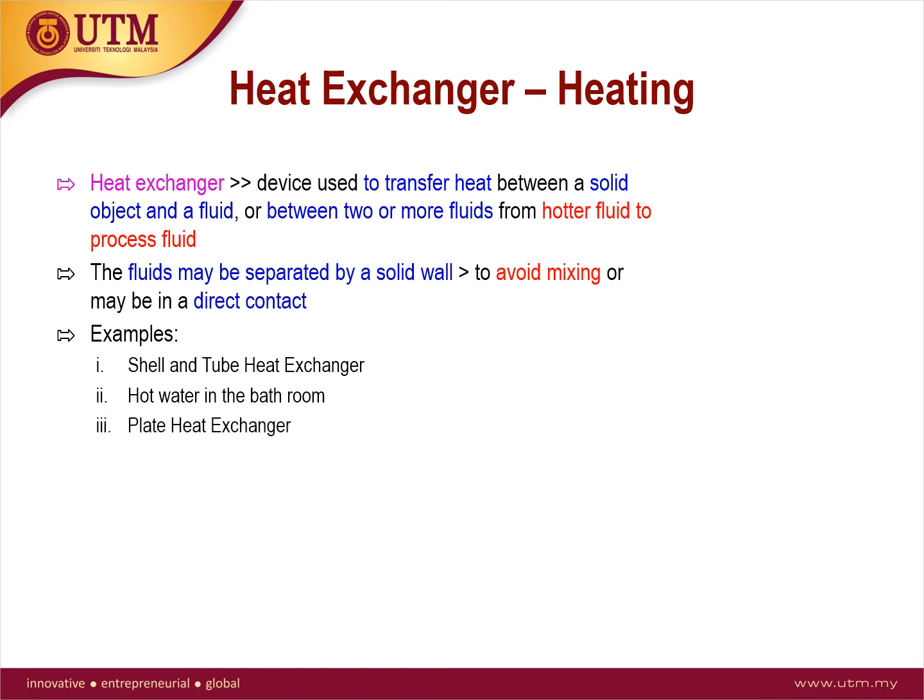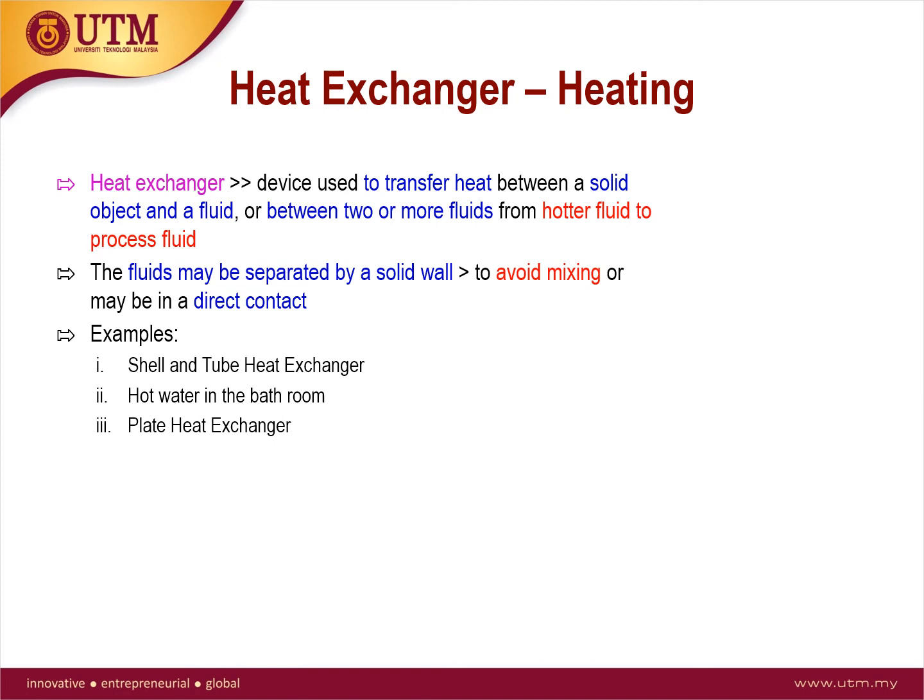And finally, the last example is called the plate heat exchanger. The plate heat exchanger is another type of heat exchanger commonly used in industry. These exchangers are composed of many thin, slightly separated plates that have very large surface areas and small fluid flow passages for heat transfer.